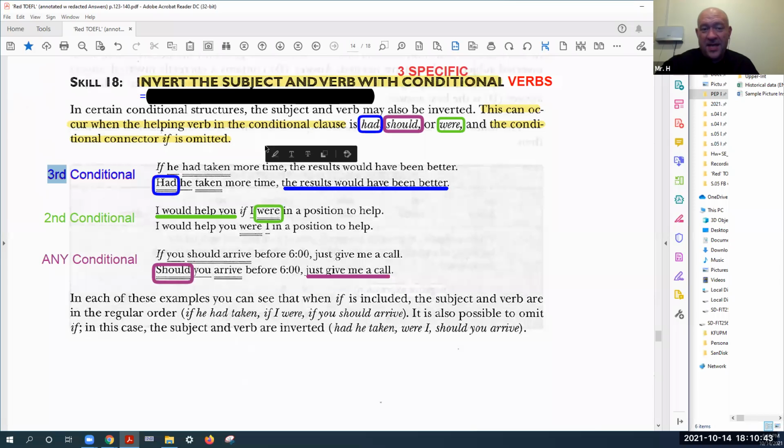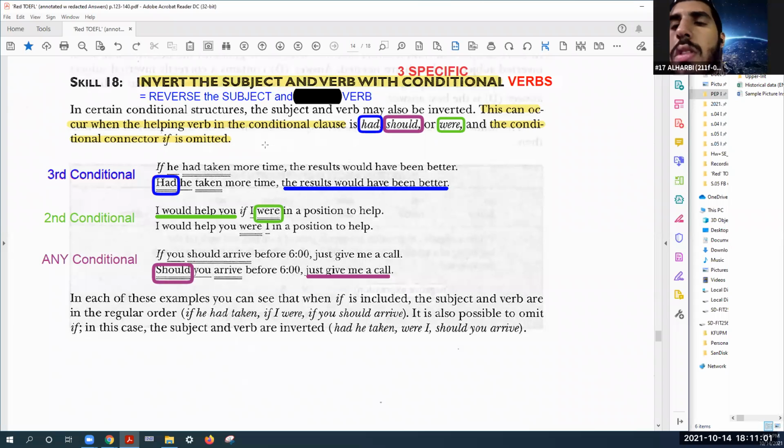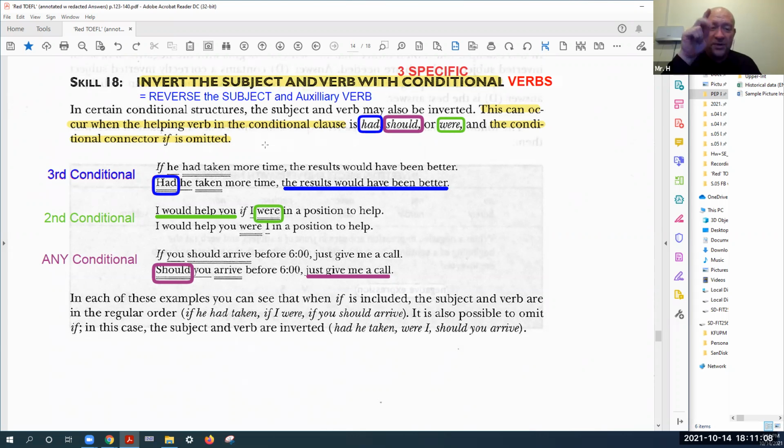Does anybody remember that? Can somebody tell me the meaning of invert? Reverse. Yes, it means reverse. What do I reverse? Subject and verb. The auxiliary, right? Yes, you reverse the subject with the auxiliary.